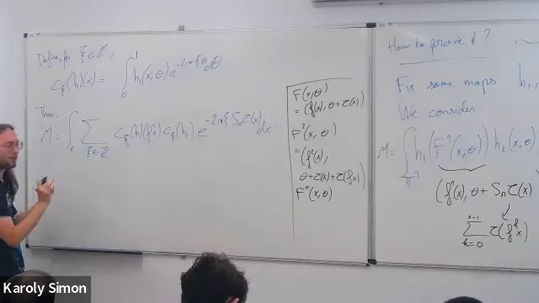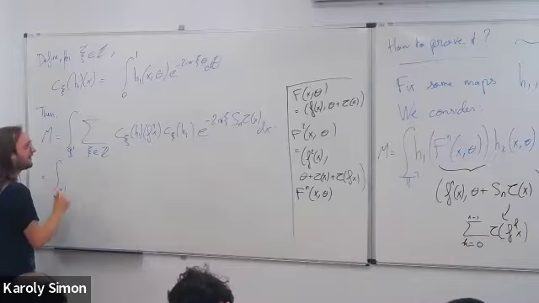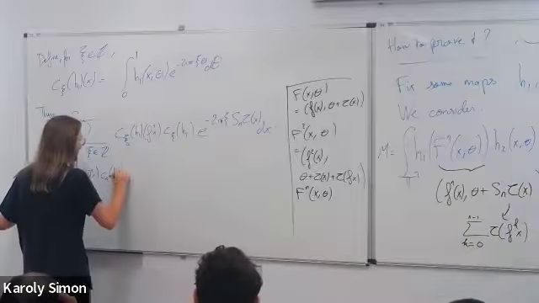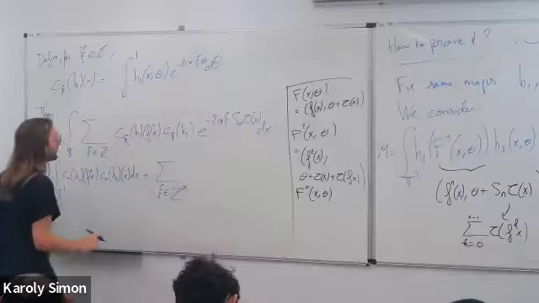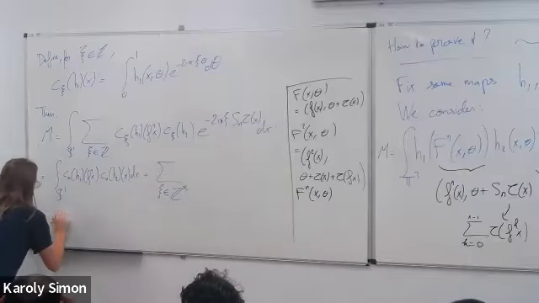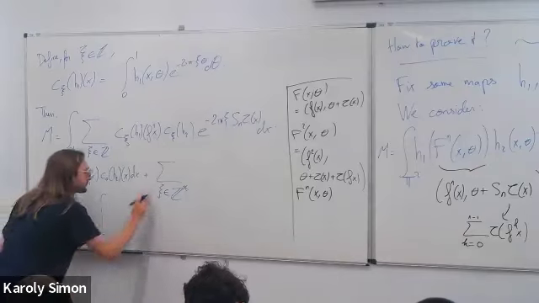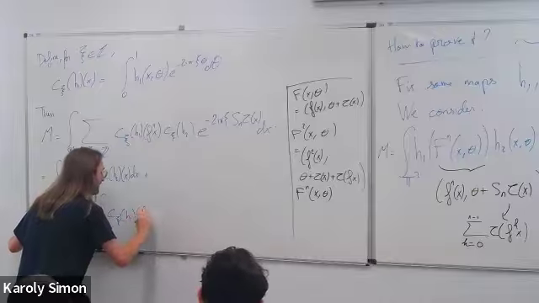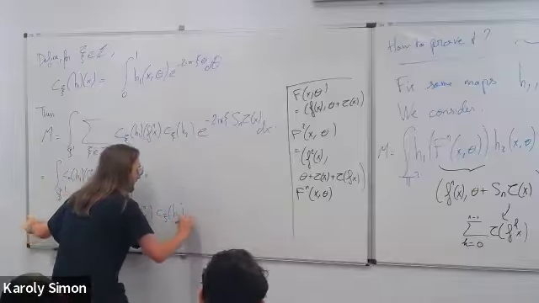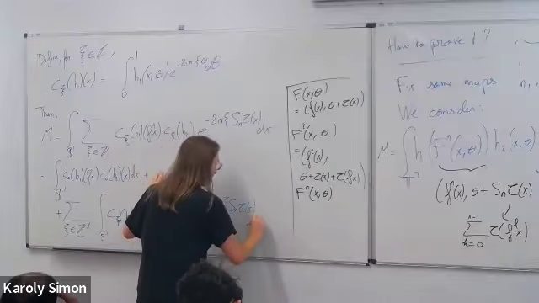The psi equals 0 term is a bit special, so I'm going to write it: the integral over x of C0 h1 at Fn of x times C0 h2 of x dx, plus the other part, the sum over psi in Z minus 0, of the integral of C psi h1 at Fn of x times C psi h2 of x, times the twist e to the minus 2 i pi psi Sn2 of x, dx.